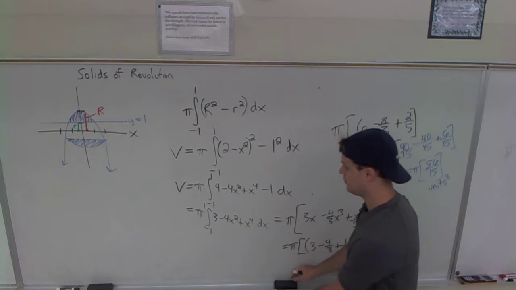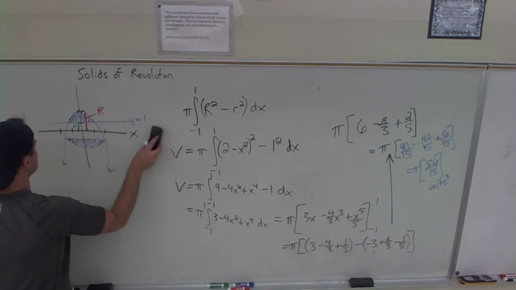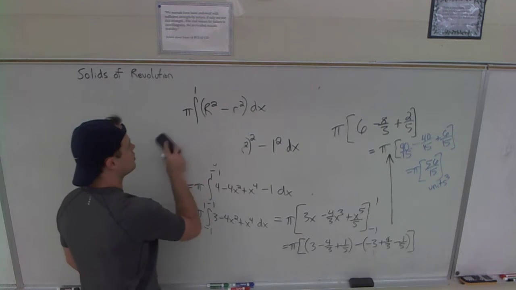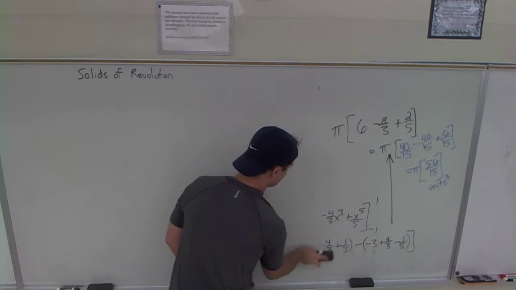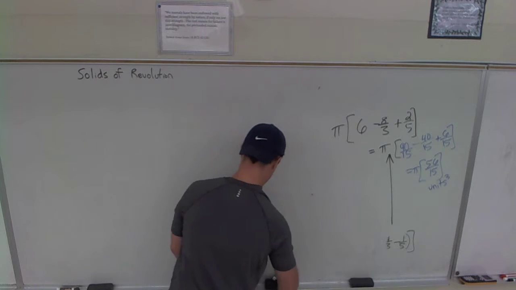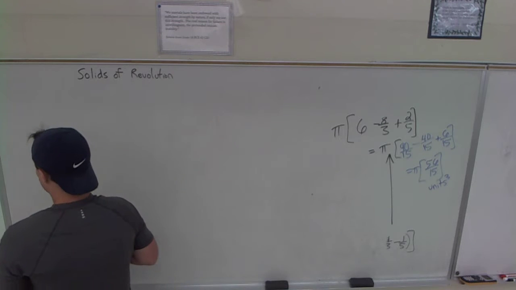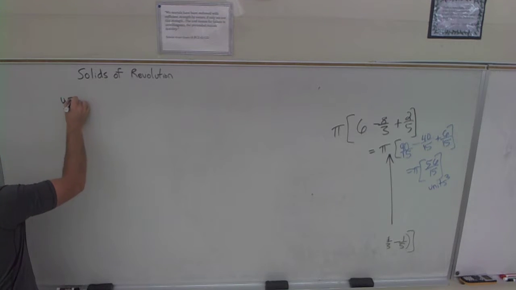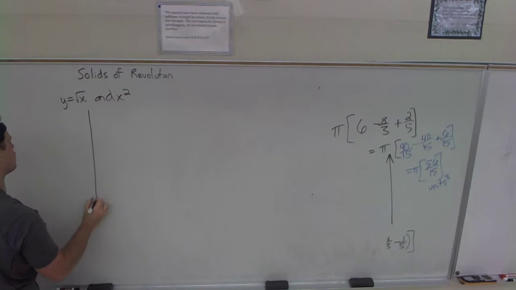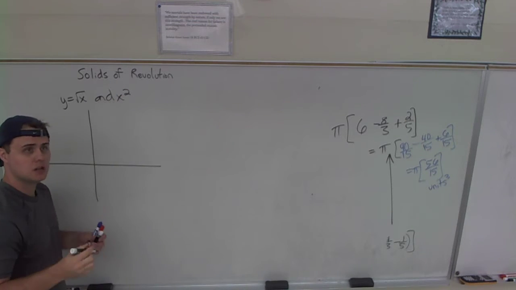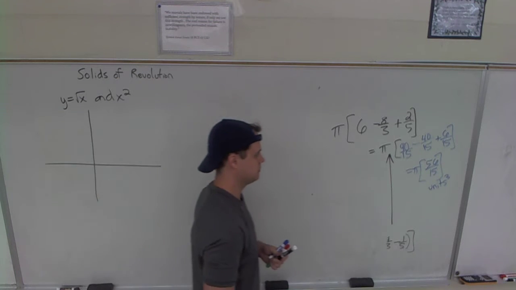There's another problem. Let's look at a different base region and revolve it a couple different ways before we leave off for today. Let's consider the region between the square root of x and x squared. Really simple functions composing the edges of the region, but a different problem.